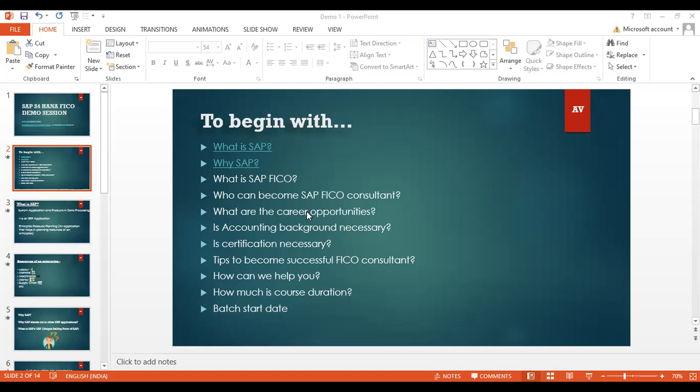Even SAP, as we just saw, has the biggest market share when it comes to ERP applications. So there are ample opportunities in the market. Not only in India, but at a global level, there are so many opportunities. So one needs to be efficient in the module.